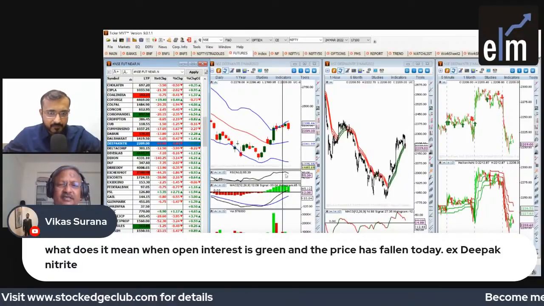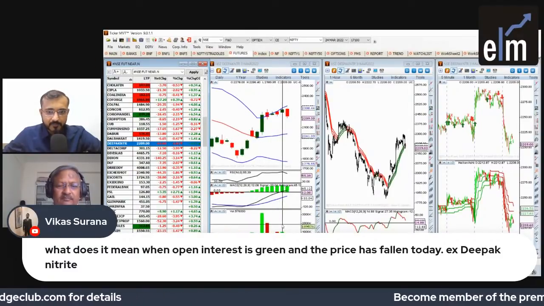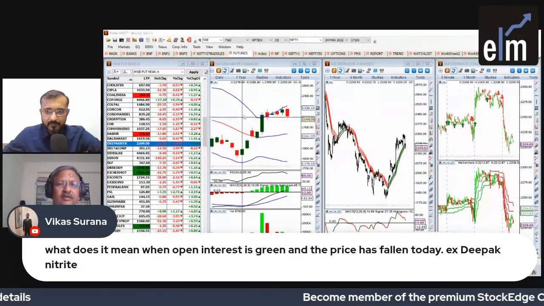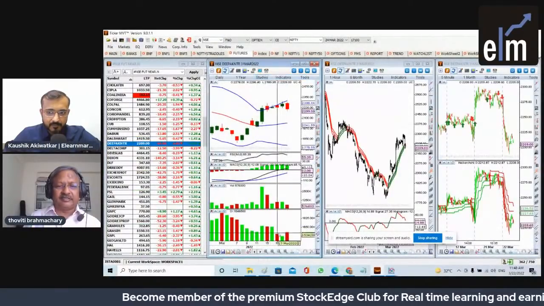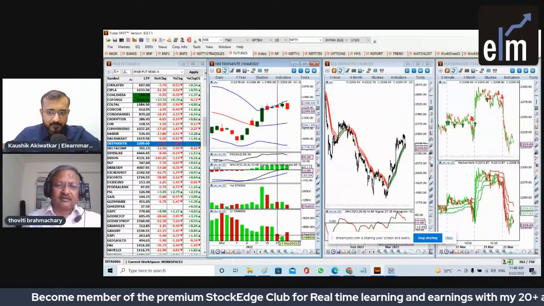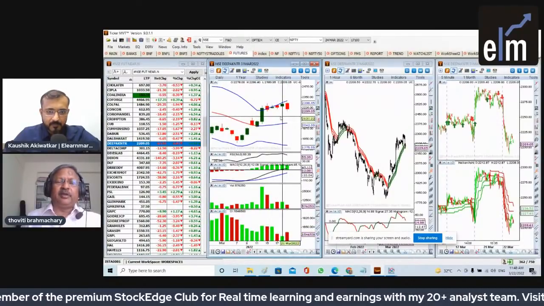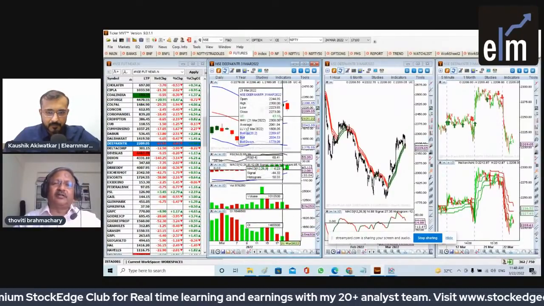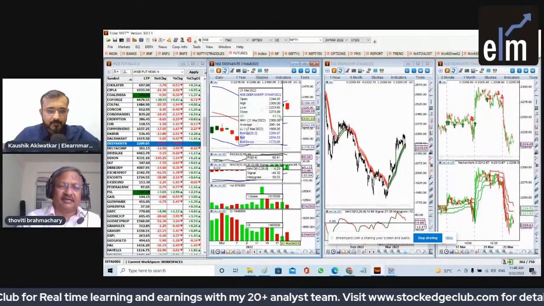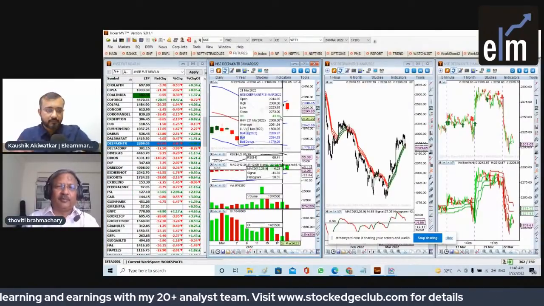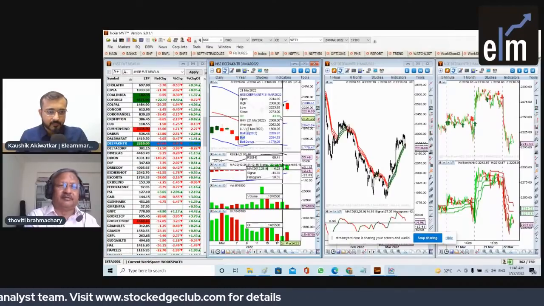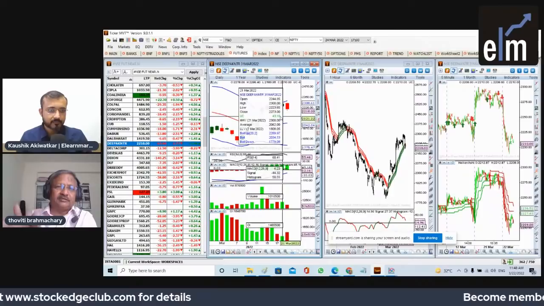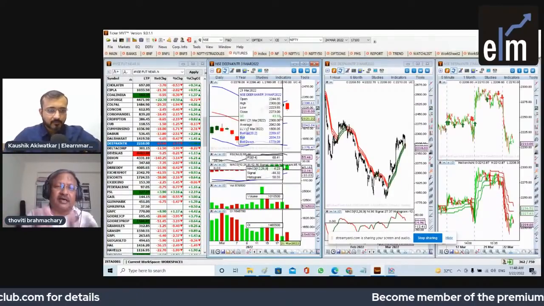See, this is volume, and I'll show you the open interest also. Open interest is more than 2 days ago, right? People are carrying forward short positions to the next day. Open interest means people have not covered their positions. Whatever positions are in the system, they are still there.